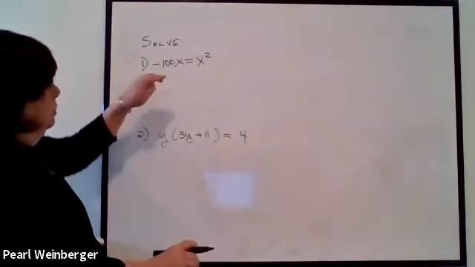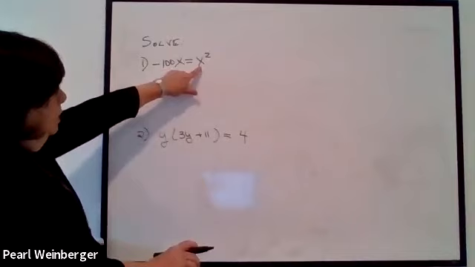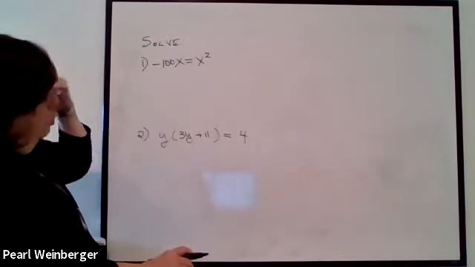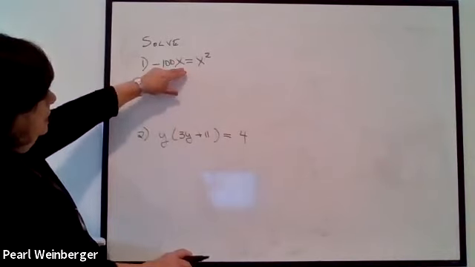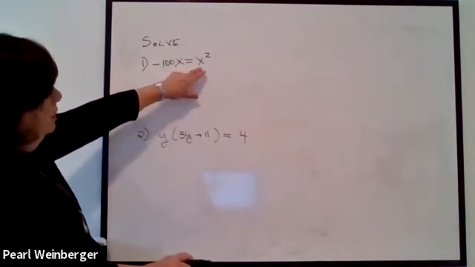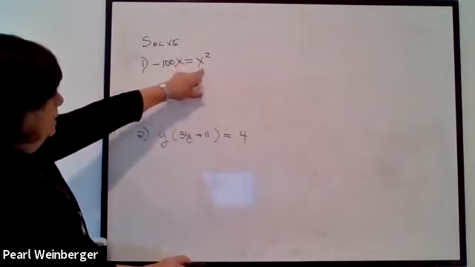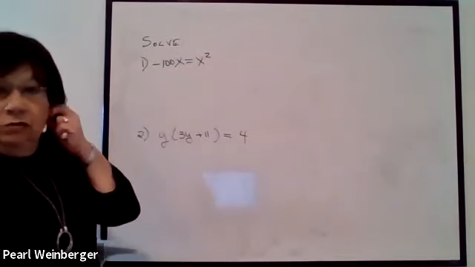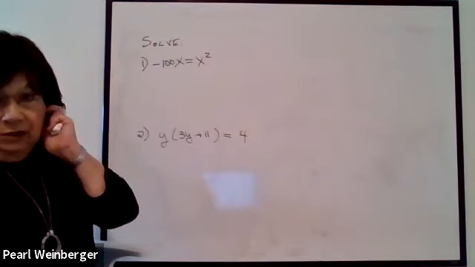Now, usually what I do is I have to get it all equal to 0. And when I look at it, I want to see where the x squared term is positive, because it's much easier to factor if you're starting out with a positive x squared.